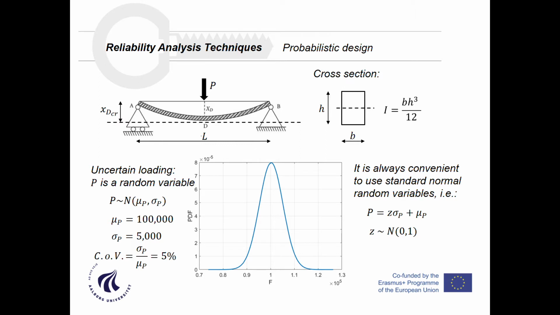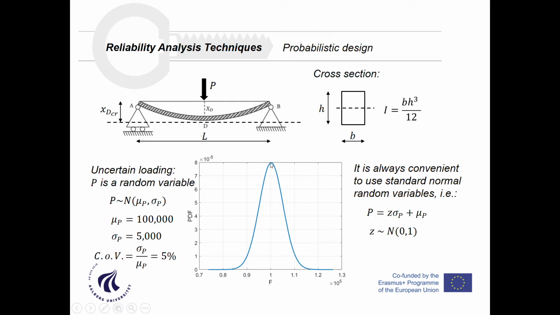So now let's imagine that instead of a fixed value of 100,000 for the load, this load is now modeled as a random variable. It means that it is modeled by a normal distribution with mean value exactly the same as the deterministic design, but now with a standard deviation of 5,000, which is equivalent to a coefficient of variation of 5%.